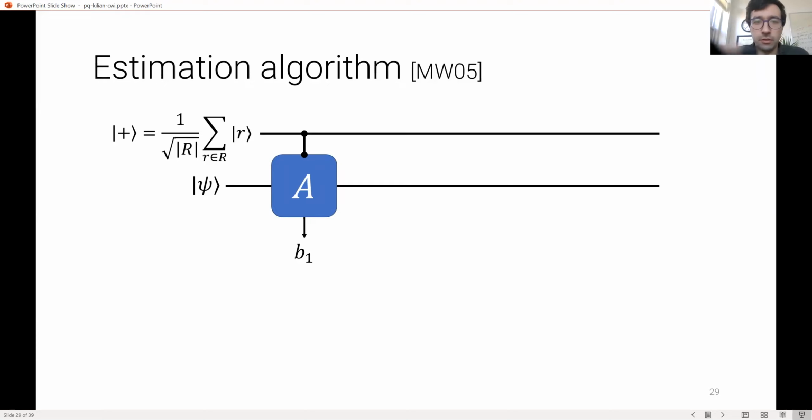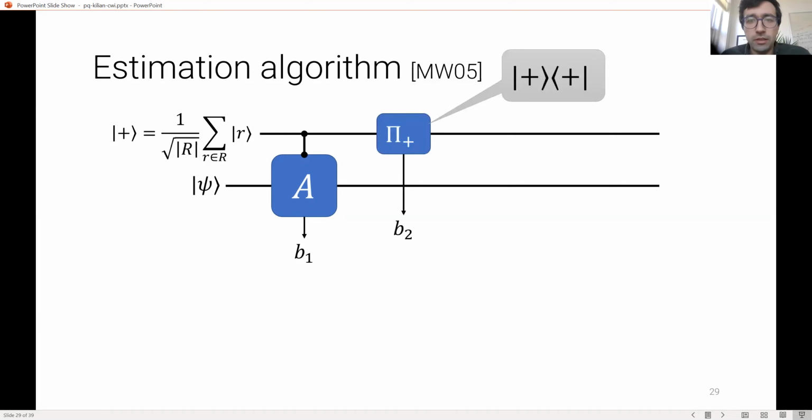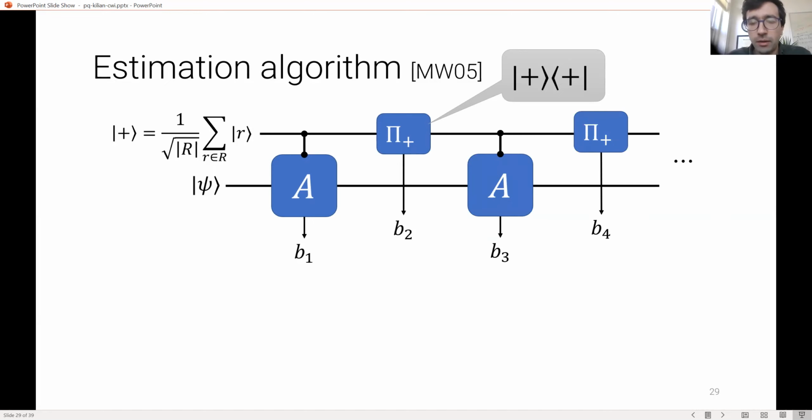So if you trace out the first register, the plus state register, then it looks like a random choice of R, and so this bit B1 is going to be 1 with probability P. But then what you do is you project the first register back into the plus state. So you apply the projection onto the plus state, and it will either succeed or fail. If it succeeds, then the first register is going to be back in the plus state. And then you keep going.